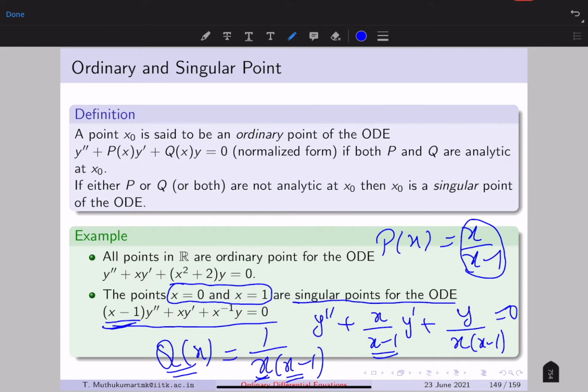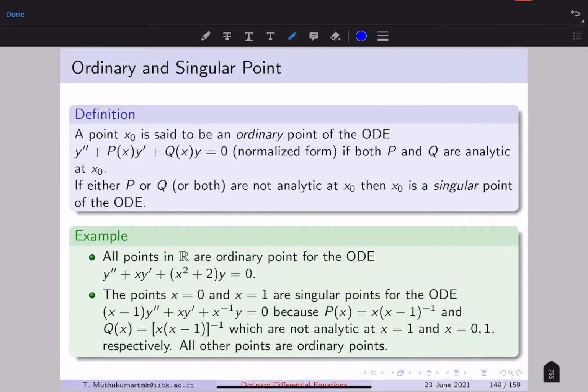And why did we introduce this notion of ordinary point and singular point? You will see very soon that to look for a power series solution, this is very important. As we said, the power series solution depends on the analyticity of P and Q, and ordinary point and singular point is a definition corresponding to the analyticity of the coefficients.